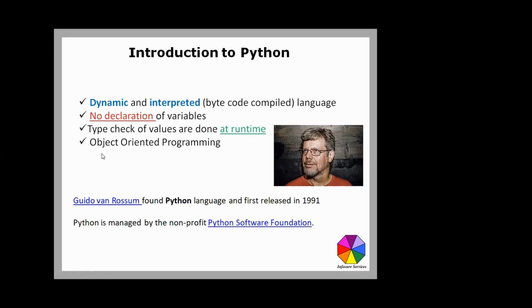Python was founded by Guido van Rossum. Guido van Rossum is a Dutch programmer who created the Python language, first released in 1991. So he is the developer who invented it. Whereas Python is managed today by a non-profit organization called the Python Software Foundation.